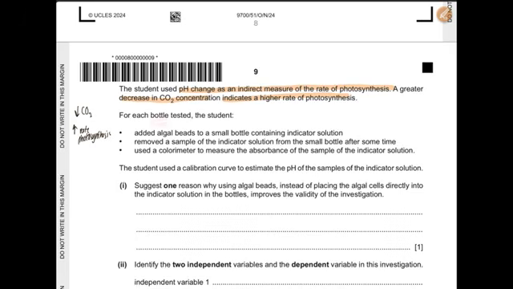For each bottle tested, the student added algal beads to a small bottle containing the indicator solution. That's the first step. The student is adding the beads to the bottle. Then they removed a sample of the indicator solution from the small bottle after some time.